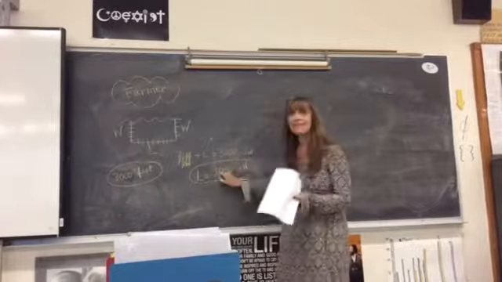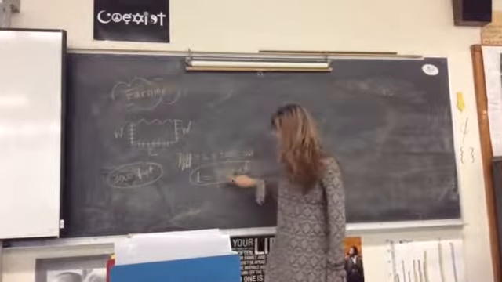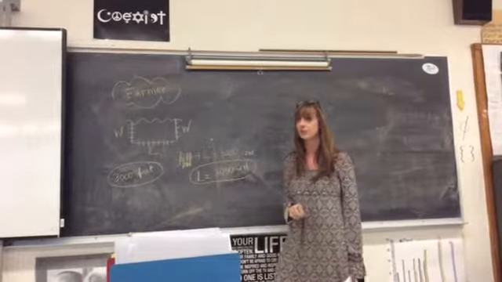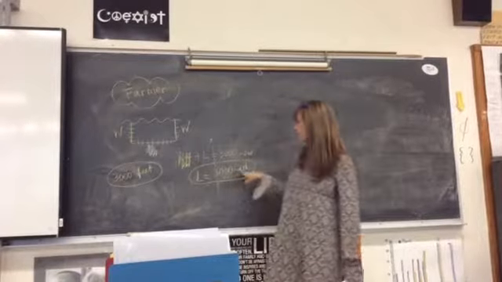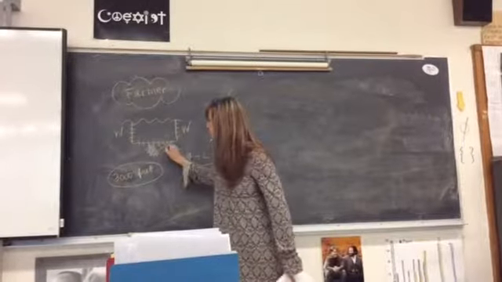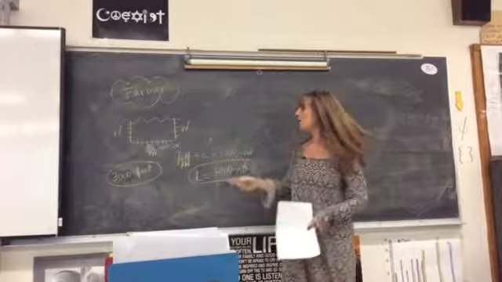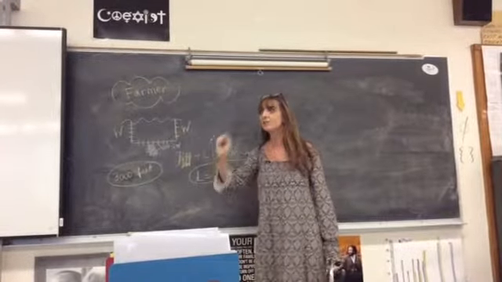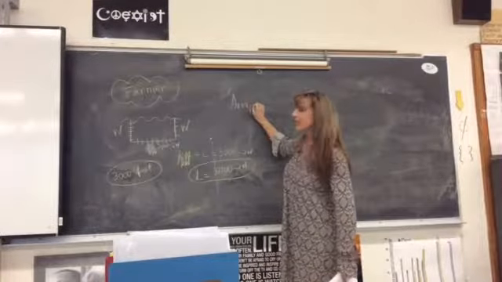Now, take whatever L is equal to, and substitute it into your picture. So instead of the letter L, I am replacing it with 3,000 minus 2W. Beautiful. So now I have the length and the width in terms of W. Now I can make an area expression.